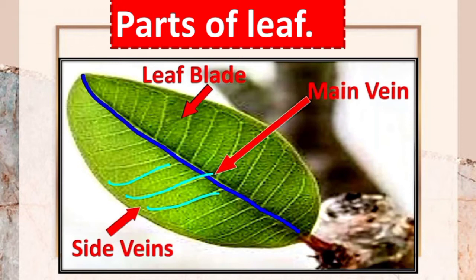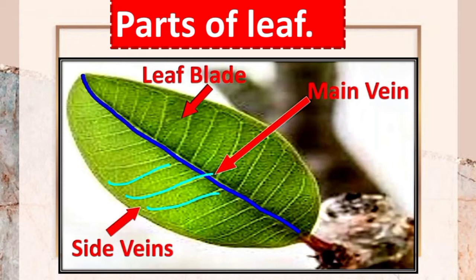Each leaf usually has one main vein and many side veins, as you can see in the picture. Veins help in the transportation of substances. So that is the function of veins: they help in the transportation of substances, for example water, minerals, and prepared food.